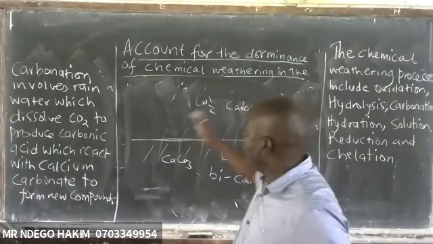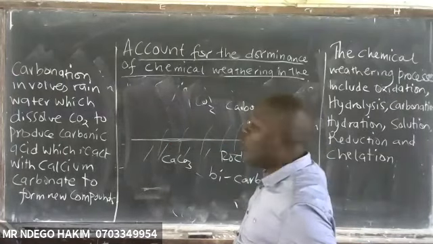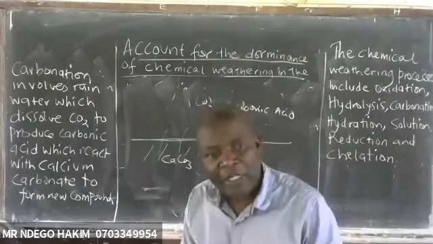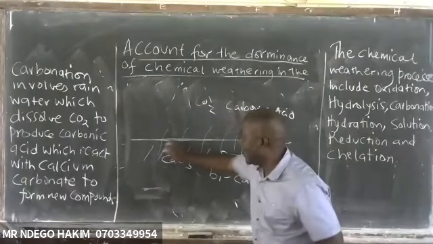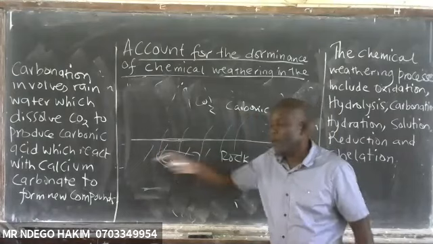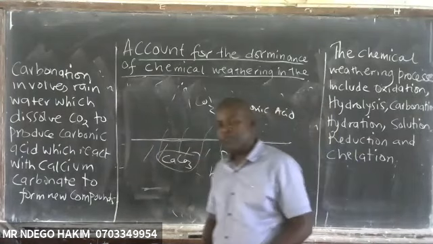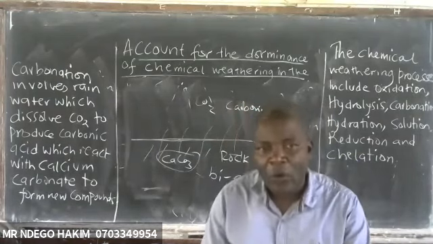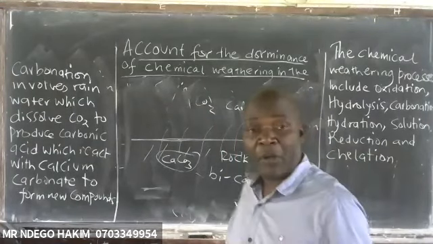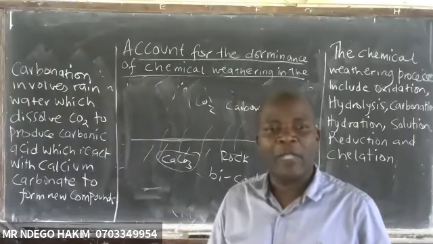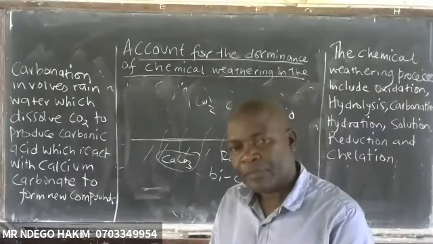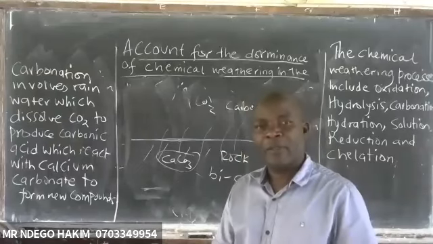Because new compounds have been formed. Water dissolved the carbon dioxide to produce a weak carbonic acid, which is now attacking a rock containing calcium carbonate to produce new compounds. So any rock containing calcium carbonate is weathered through the process of carbonation. Any rock containing feldspar is weathered through the process of hydrolysis.